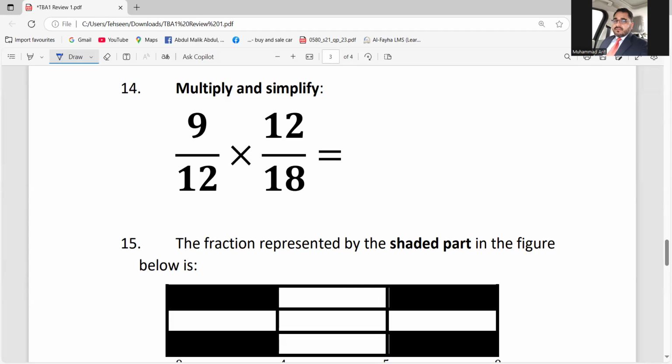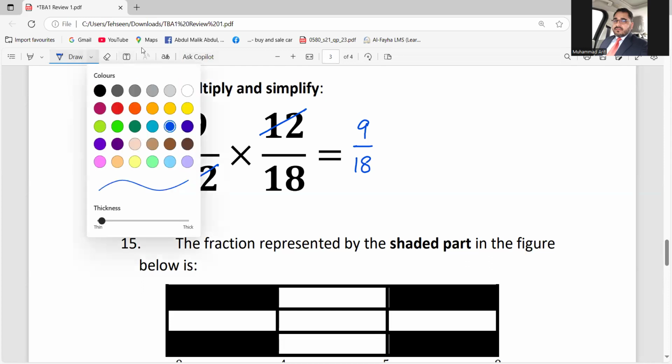Okay. First of all, if the numerator and denominator have the same numbers, you can directly cancel. This 12 in the numerator can cancel with this 12 in the denominator. Then in the numerator, 9 is remaining, and in the denominator, 18 is remaining. 9 is the highest common factor of 9 and 18.